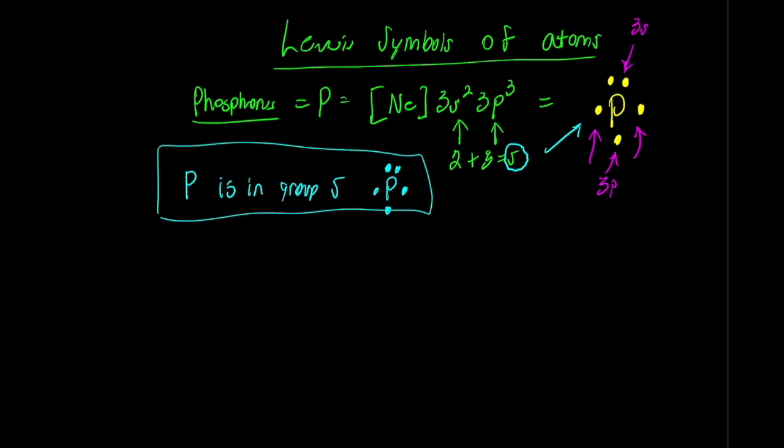Okay, let's do chlorine. Chlorine is a halogen. It has symbol Cl, and it has a lot of electrons in there. Okay, its electron configuration is a neon noble gas core, followed by 3s2 and 3p5.